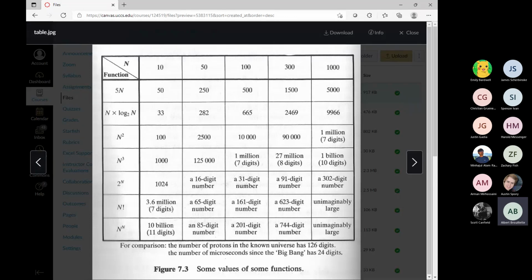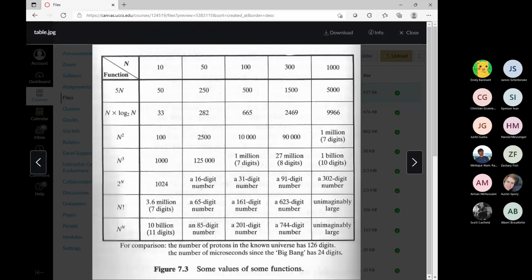Yeah, those are beyond what we can even comprehend. All you can do is look at the exponent and go, wow, that's a really big exponent. But look at what n is. It's like 1,000 or even 100. N to the n for 100 is like 10 to the 200th.